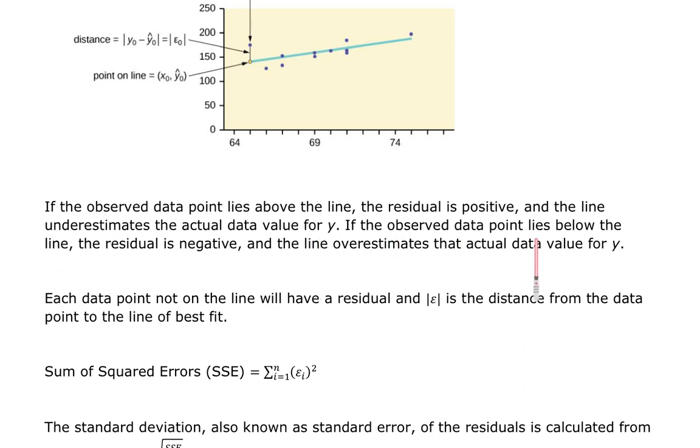If the observed data point lies below the line, the residual is negative and the line overestimates the actual value of y, like this point right here. Each data point not on the line will have a residual, and this absolute value of E is the distance from the data point to the line of best fit, this being the line of best fit.